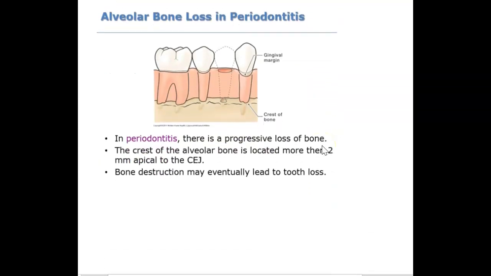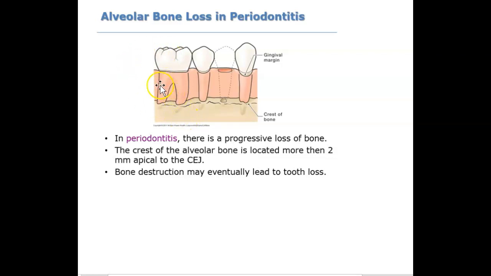But unfortunately, with periodontitis, when the periodontium is inflamed, we can see that there is bone loss. So instead of the bone being over here, the bone has resorbed. In this case, this is quite severe. Severe periodontitis is what we're looking at here, because the bone has resorbed significantly, so much that the tooth can eventually fall off.